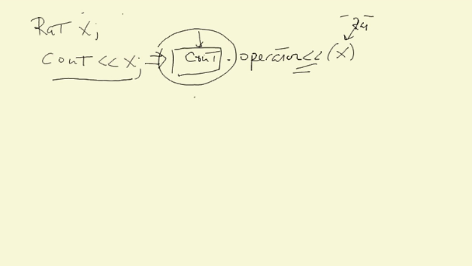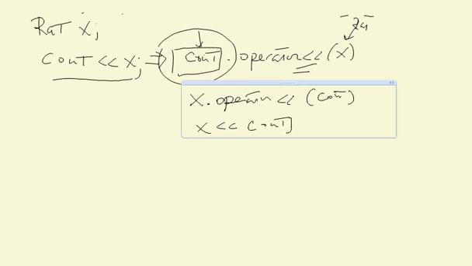I would have to do something like that. I'd have to say something like, take x and operator left shift, and then maybe pass the cout object in it. But that's crazy, because then I'd have to write the output like this: x left shift cout. That would work, but it would be crazy. That's not what you want to do. You want to write it in the normal way so that it looks like every other built-in type. So how do we accomplish that?